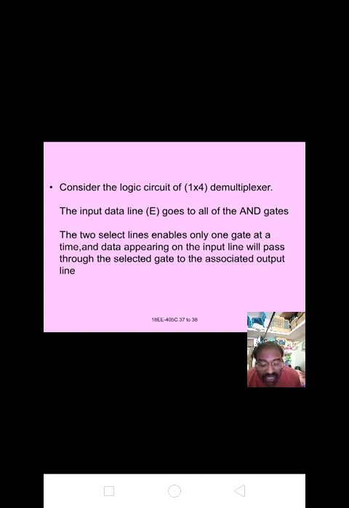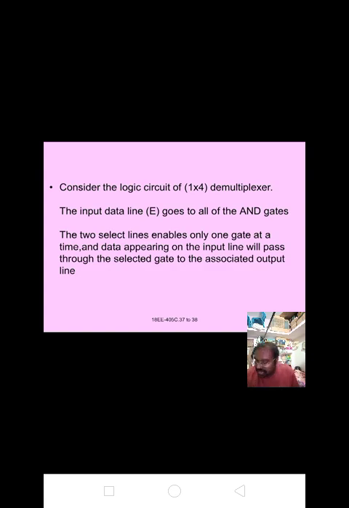Next, IC numbers of TTL and CMOS demultiplexers. TTL demultiplexers are 74155, a 1x4 DMUX, and 74138, a 1x8 DMUX.